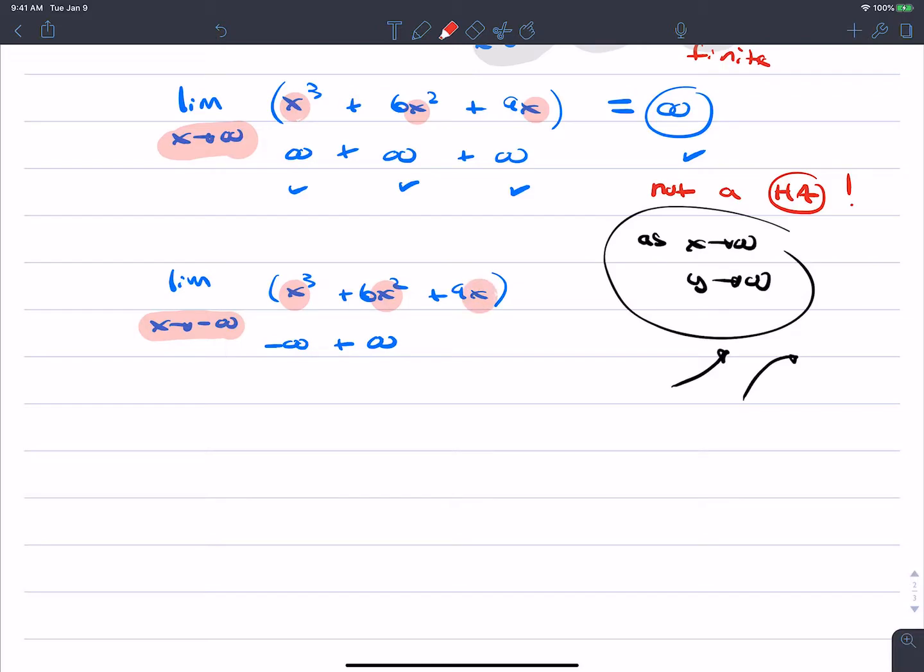What do you do here? Is that negative infinity? Uh-oh. Anybody notice a problem here? Yeah, it's indeterminate here.